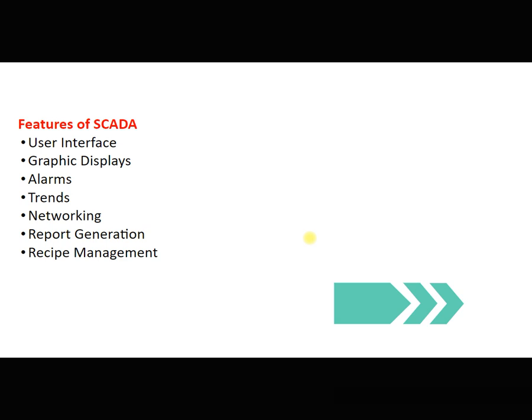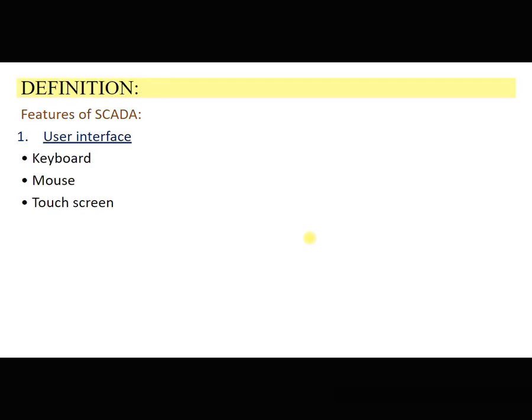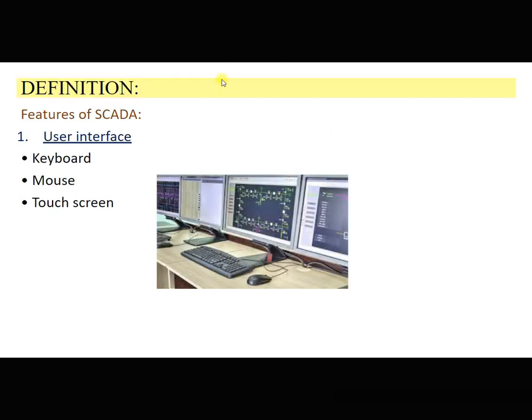So the first one is user interface. As I told, SCADA is a software, which is going to look like this. But to work with the software, I need some hardware, such as a keyboard, a monitor, or a CPU with the RAM, ROM, and processor. I need a mouse, or it may be a printer.